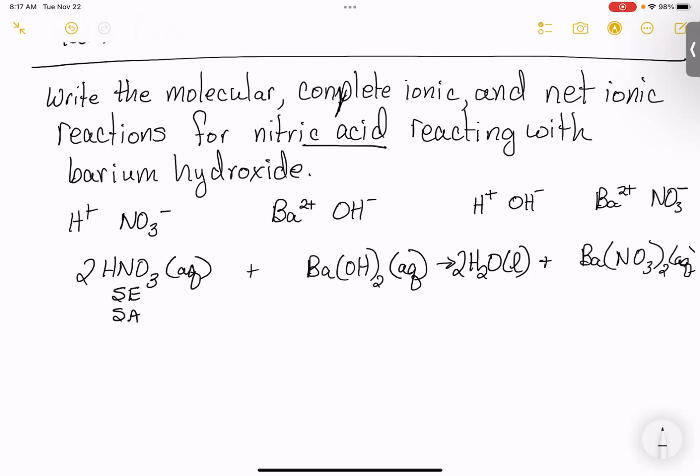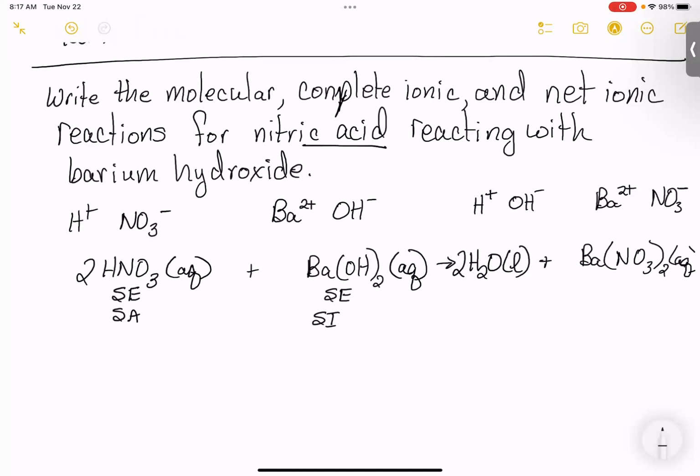It's a base, it's also what? It is a strong electrolyte. Why? It is a soluble ionic compound.